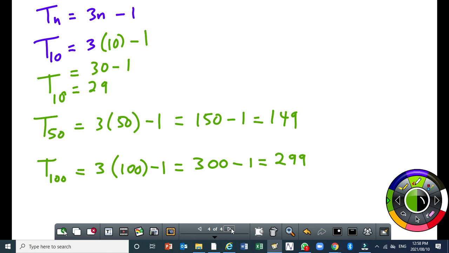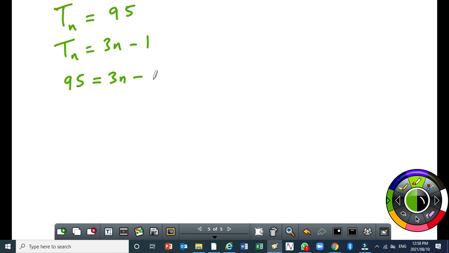So let's say Tn is equal to 95. But our general term is Tn equal to 3n minus 1. So we want to determine what is the position of 95 in that sequence. So all we have to do is substitute 95 where there is Tn. So we end up with 95 equals 3n minus 1.